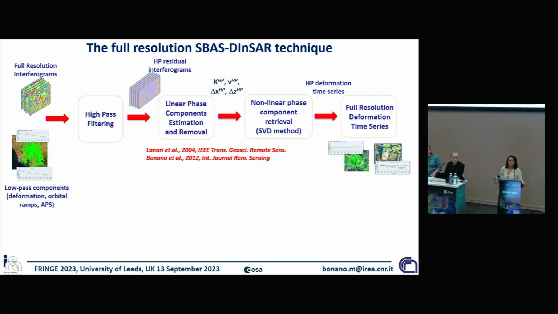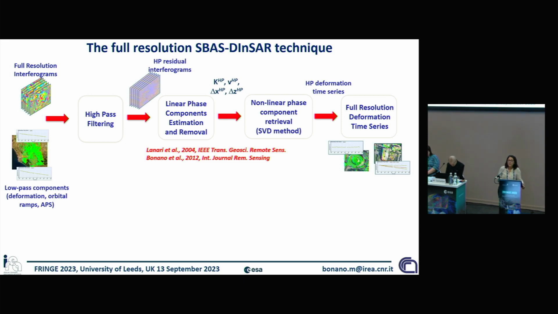Then the HP residual interferograms are based on two different phase components, linear and nonlinear phase components. For the estimation of the linear phase components, we exploit a linear model through the phase unwrapping step performed in the second block, the central one, the heaviest from a computational point of view.